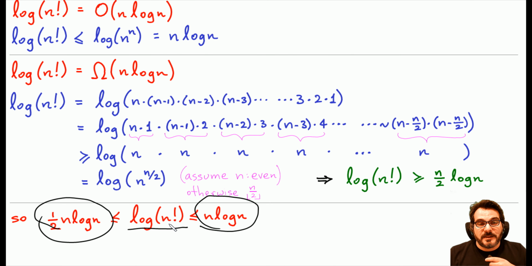Which means that in the worst case, the decision trees, the comparison-based sorting algorithms, will give you this lower bound with this approximation. There is also another approximation called Stirling's approximation. You can just Google it and find how it works. And thank you so much for watching this video.